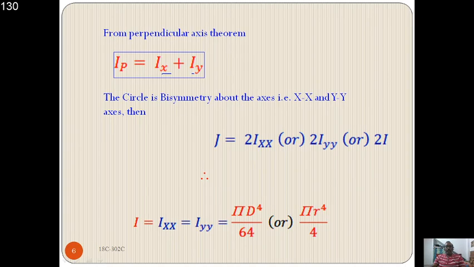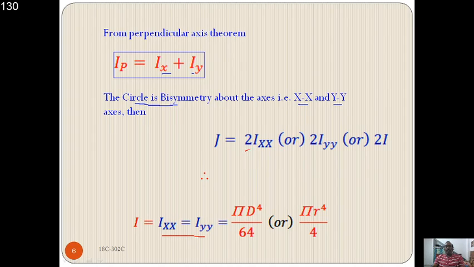You know that the circle has infinite symmetry, hence it can be taken as Ixx equal to Iyy.